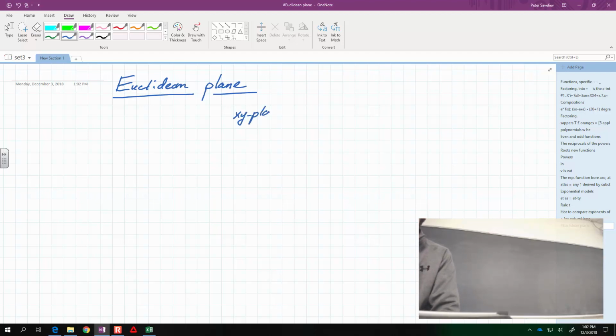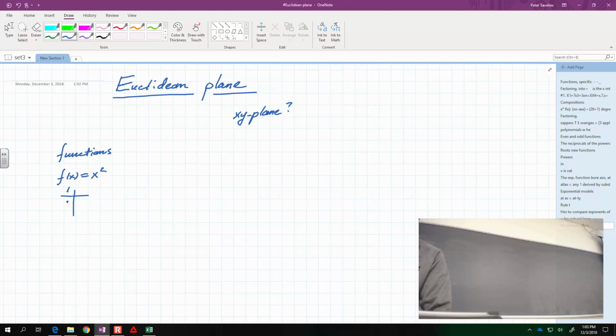Okay, so what is the difference? The difference is crucial based on where we are from, what direction we're arriving at this xy plane. And this is the way we did it early on. We started with functions. Okay, and then we looked at functions, they were either given by formulas, they were given by tables, and so on.